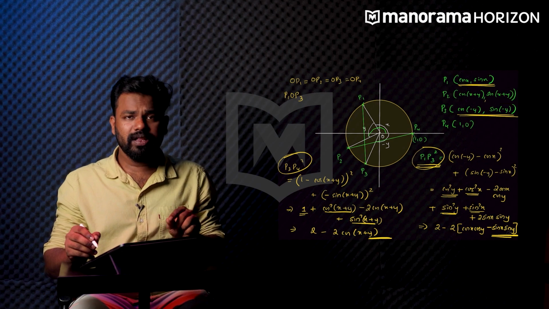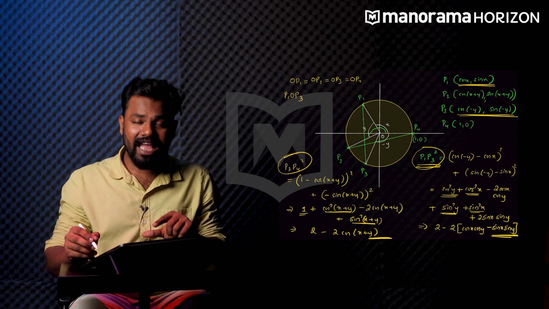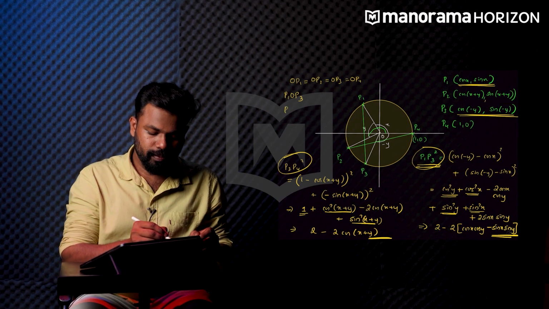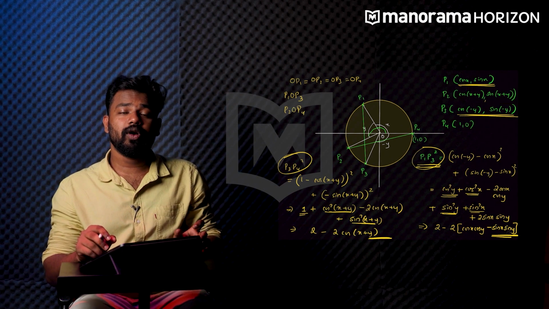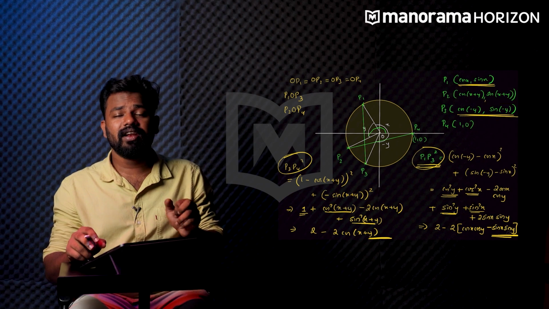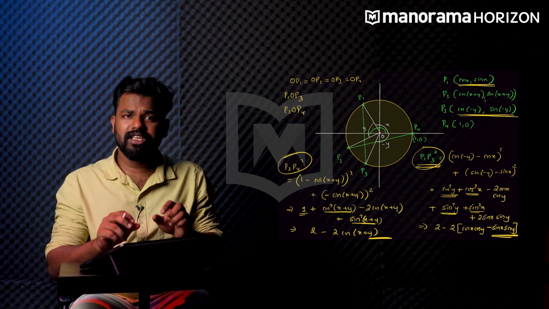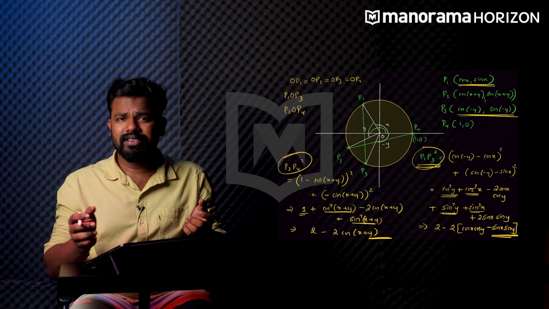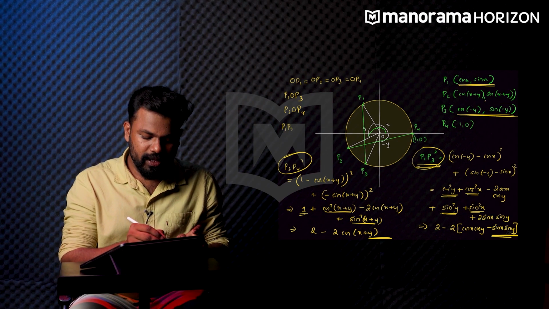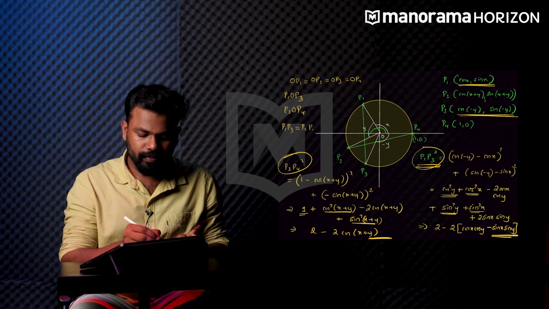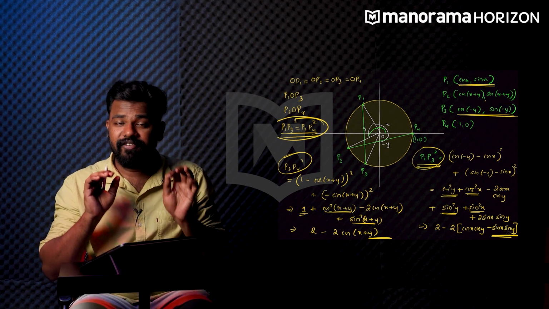I'm just saying, look at the triangle P1 O P3 and P2 O P4. These two triangles will be congruent to each other because their radii are equal and the central angles are also the same. So since these two follow the condition, you can say they are congruent. And since they are congruent, can you say P1 P3 will be equal to P2 P4? Or their squares also will be equal? Yes. So their squares will definitely be equal.